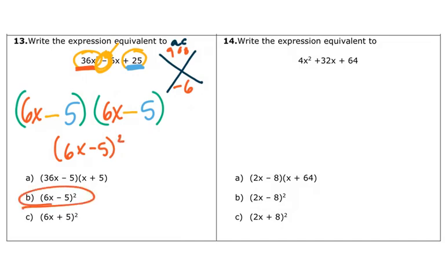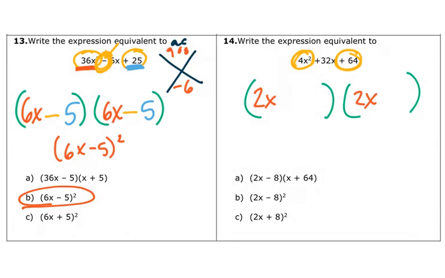Try the same thing with number 14. This is a perfect square. This is a perfect square. So I can go straight to my 2 parentheses. What makes 4? 2x times 2x. What makes 64? 8 and 8.